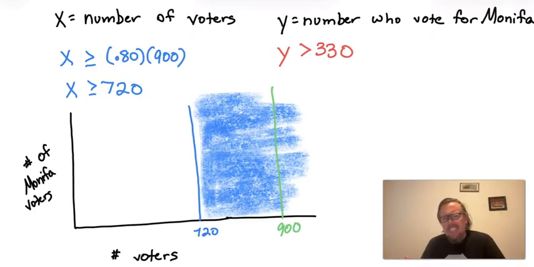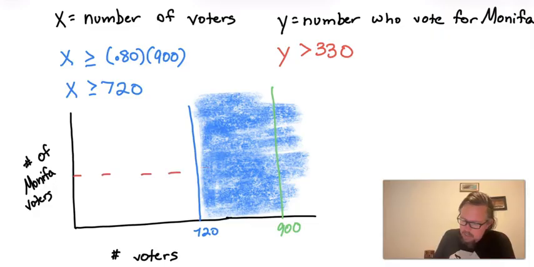Okay, great. So now let's talk about how many are going to vote for Monifa. She needs more than 330, so we're going to have a line at 330. It's going to be a dashed line because she needs more than 330. And we shade above the line because it's more than.